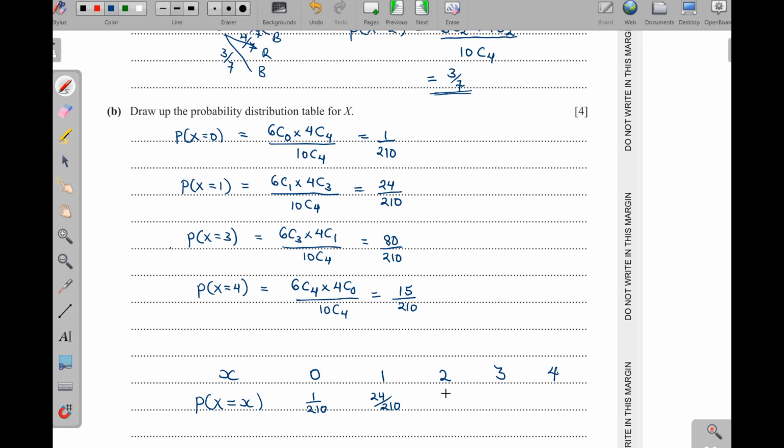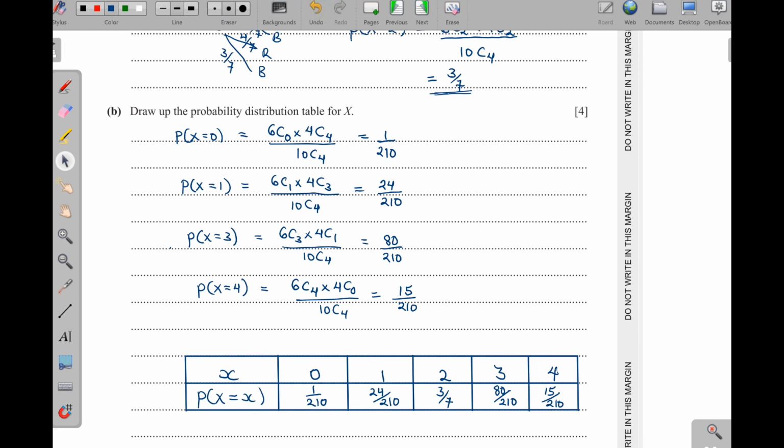For 2, it is 3/7, simplified. Then 3, it is 80 over 210. And then 4 here is 15 out of 210. All of these ones can be simplified, but they didn't say that we simplify them, so let me put them in a table.